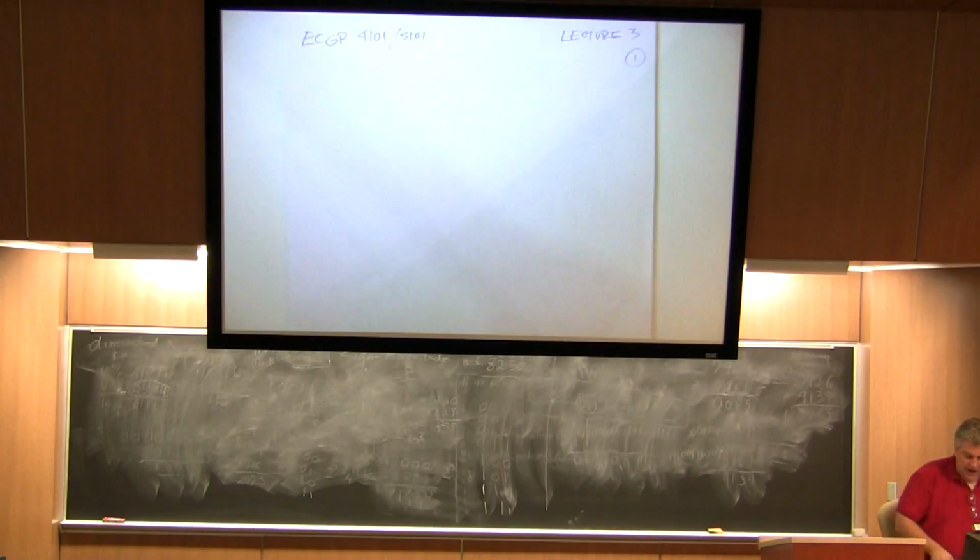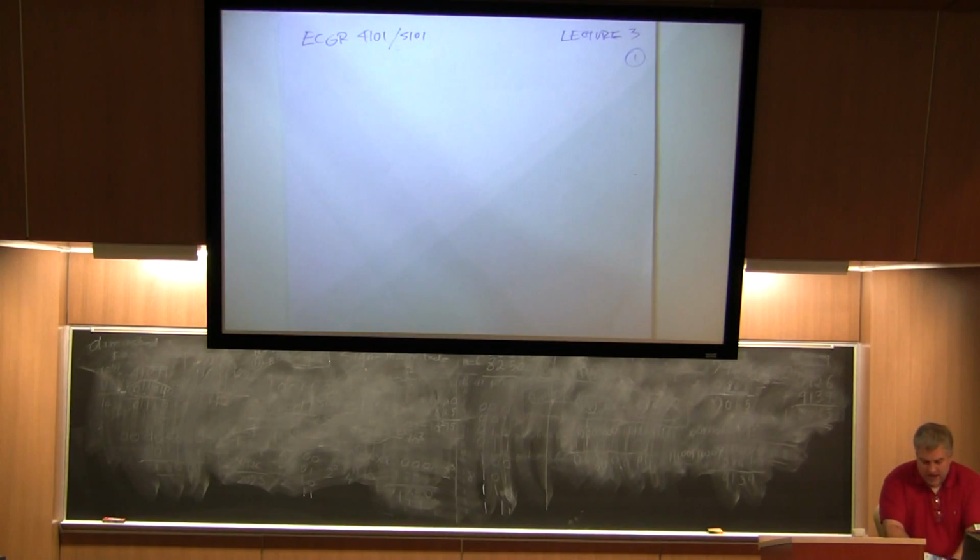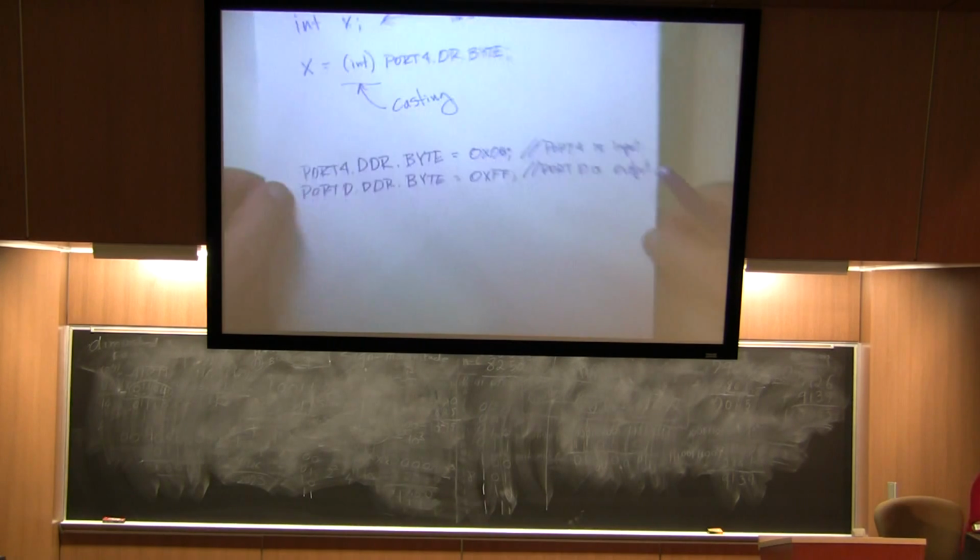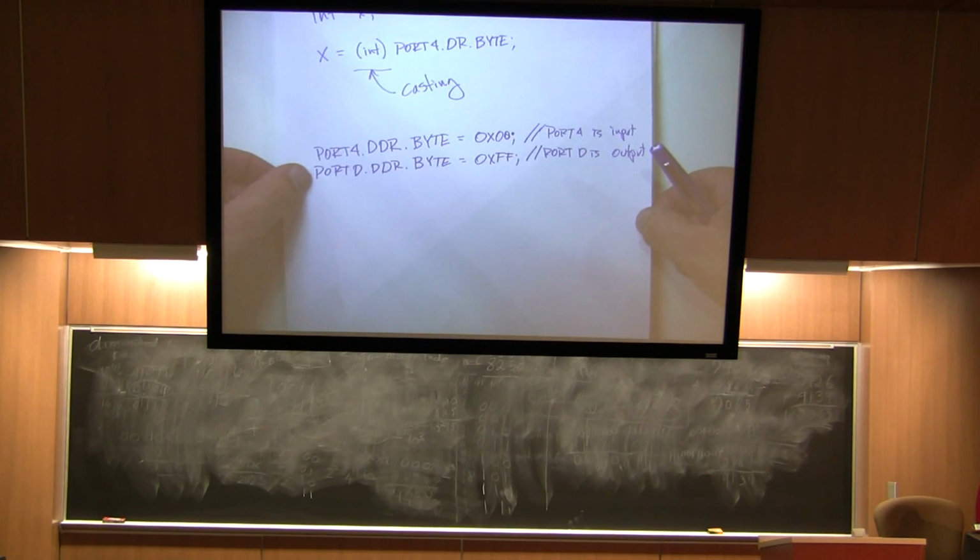So the main concept that I want to continue talking about today is associated with using a microcontroller to communicate. If you remember from our last class, the main concept that I went over is this concept right here.